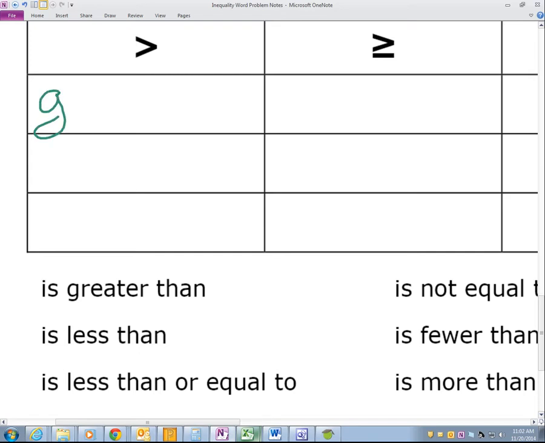Okay, yes, greater than. And you can leave off the is, because you might run out of room, especially for those of you who write very large. Greater than, good. What's another one, from someone we haven't heard from today? Simon? Is more than, yes.